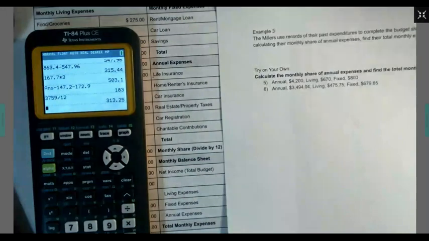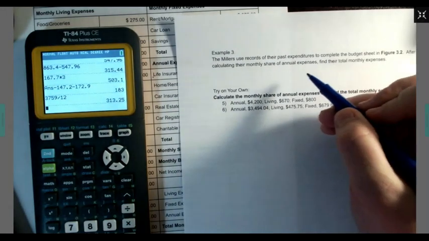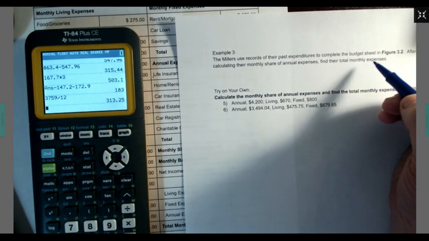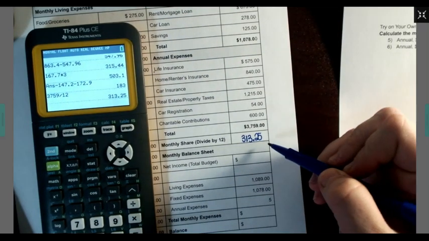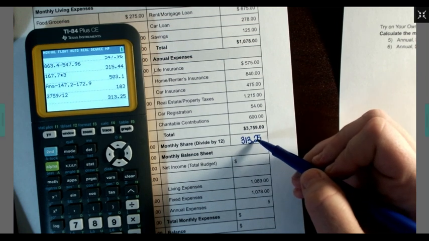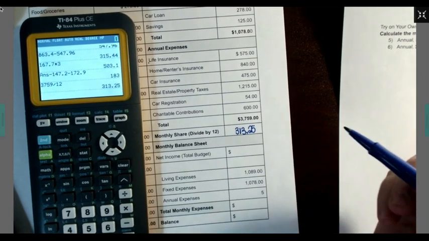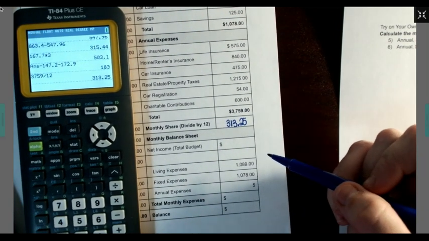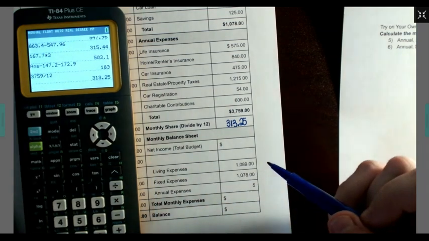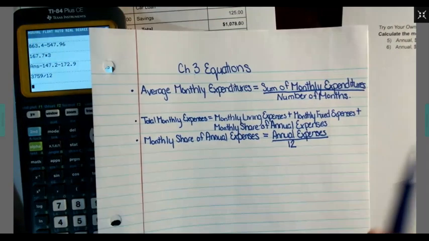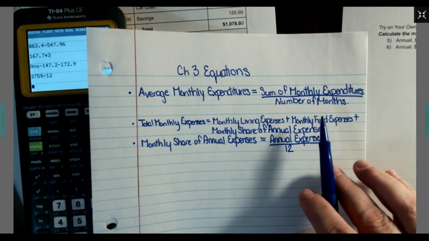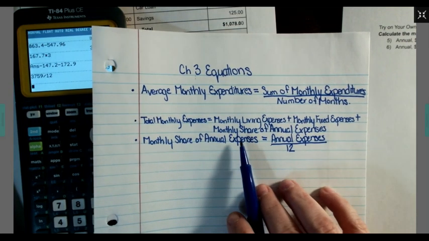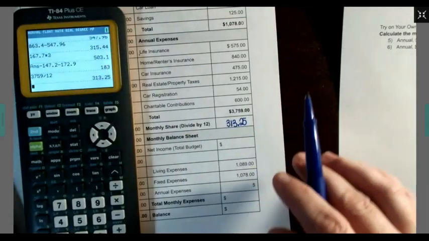It says after calculating their monthly share of annual expenses, find their total monthly expenses. So the monthly share of their annual expenses is $313.25. Now we want to find their total monthly expenses. To find the total monthly, you're going to add your monthly living, your monthly fixed, and your monthly share of annual.